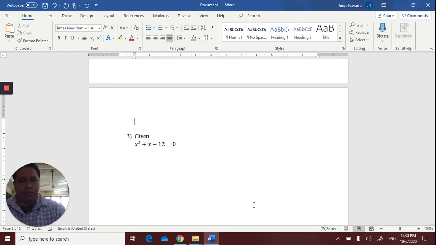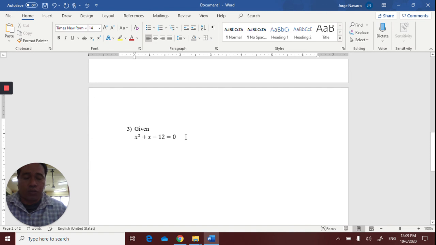For the third one, we have, given that x squared plus x minus 12 is equal to 0, there is nothing in common. It's a trinomial, or a quadratic as we call it, so we need to factorize. And this time we're going to factorize by the inspection method, since we are not going to be doing the lengthier method.